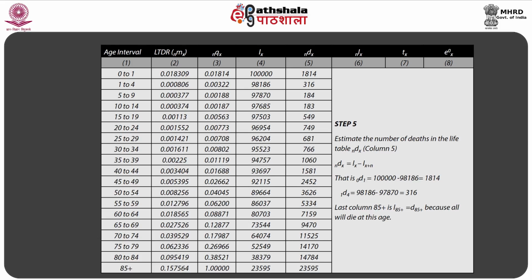Similarly, 1d4 equals 98186 minus 97870 equals 316. For the last column, 85 plus, small l85 plus equals d85 plus, because all will die at this age.